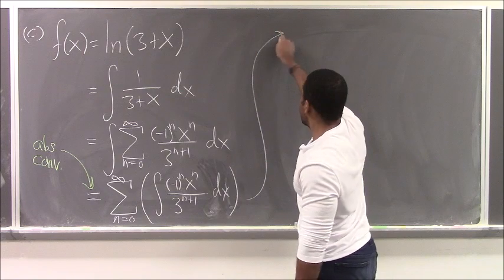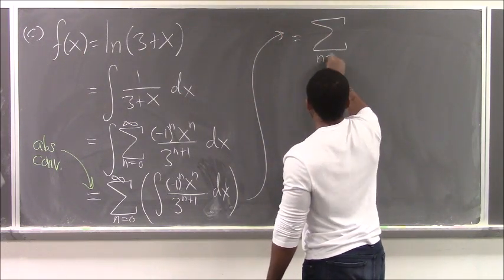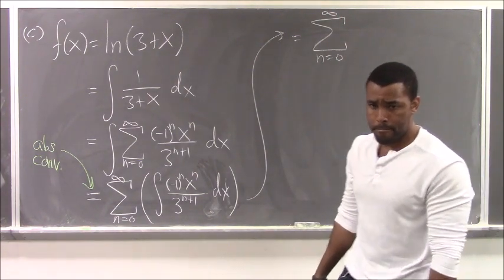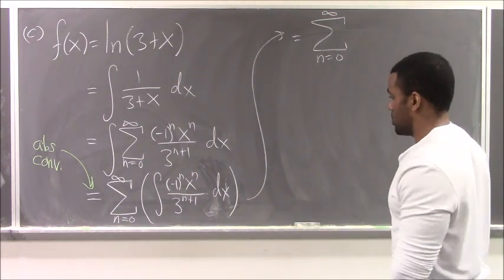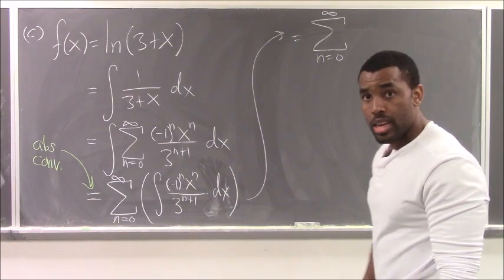And how do I integrate that then? Can you do the same thing, factoring the constant out of the integral and integrating it to the n?